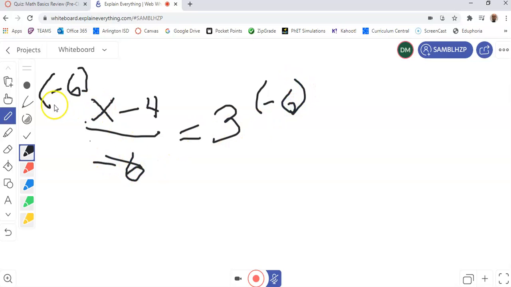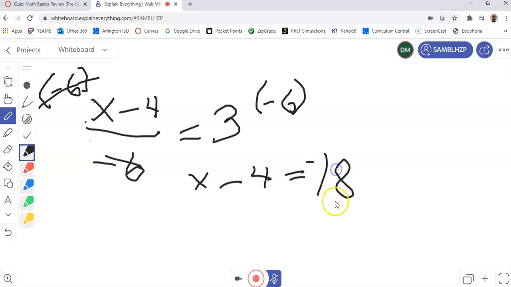This is going to cancel out, and we're going to get x minus 4 equals negative 6 times 3 is negative 18. All right. Now the last thing to do before we can isolate this variable is to clear off this negative 4, and we're going to do that by adding 4.